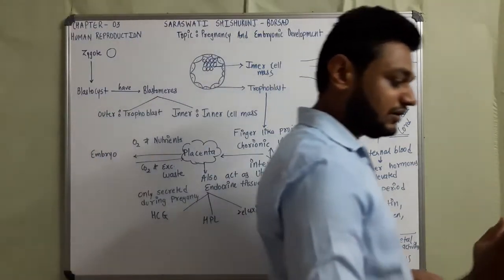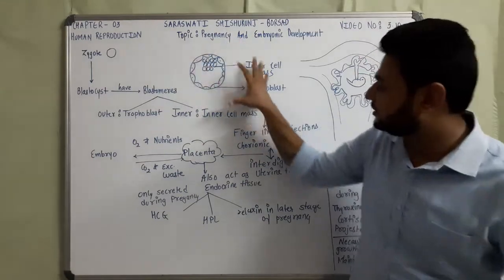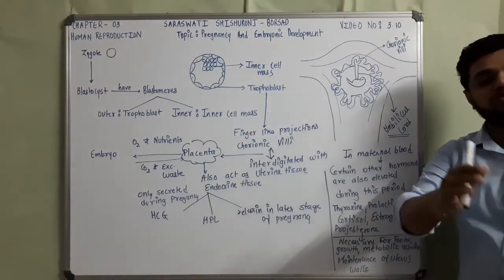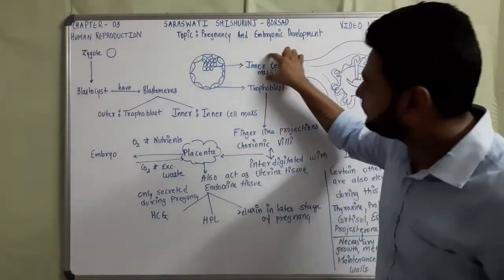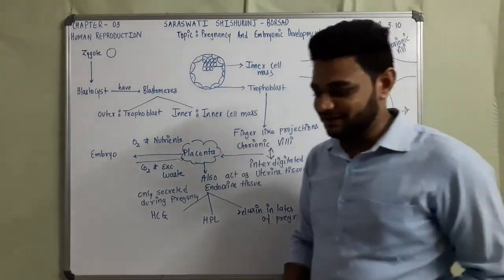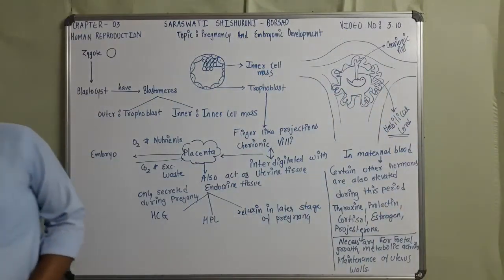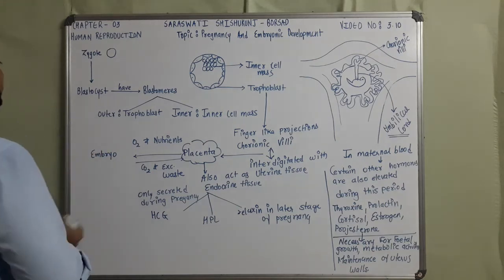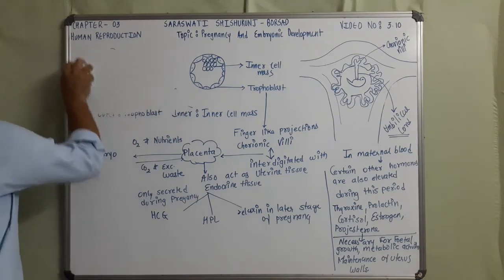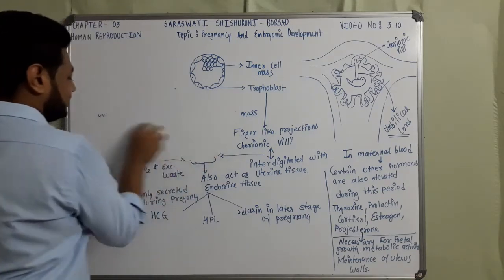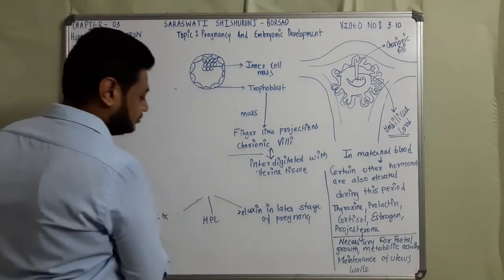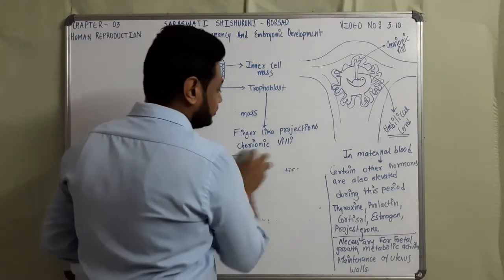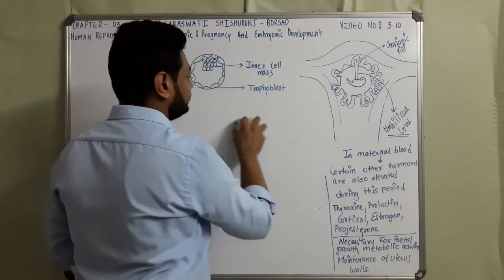So students, this is about the outer part, that is trophoblast, which is going to develop into placenta. Now what is the fate of the inner mass? Let me clean this and then we will see. The inner cell mass differentiates when it undergoes division.